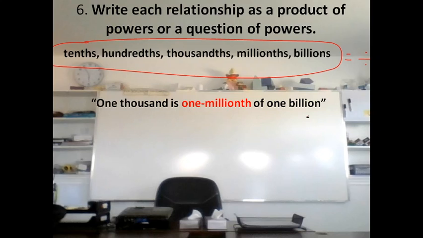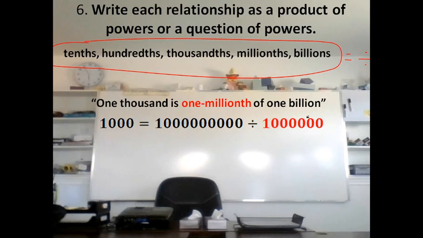As an example, 1,000 is 1/1,000,000th of a billion. Notice that what we can do is we can still turn this into an equation. Notice that even though 1/1,000,000th is earlier, it still comes at the end of the equation.